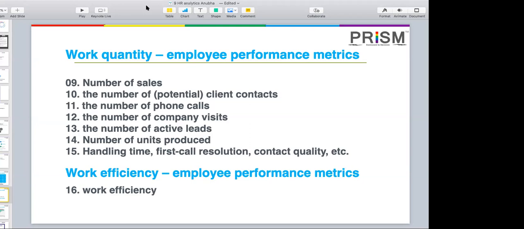Now, we could write on this aspect of how much time you take to handle a particular call or particular service, and how much time you take to achieve first call resolution.